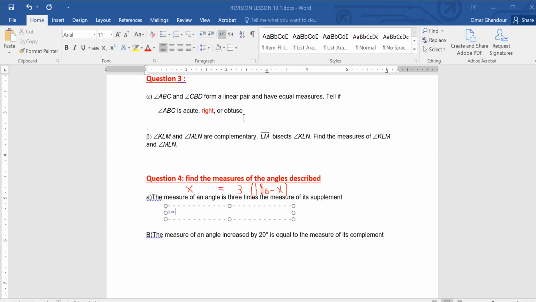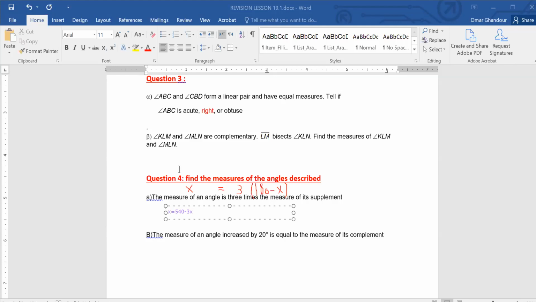So 3 multiplied by 180 will be, I think, 540, but let's check. Yes, exactly 540. So 540 minus 3 multiplied by X is 3X.